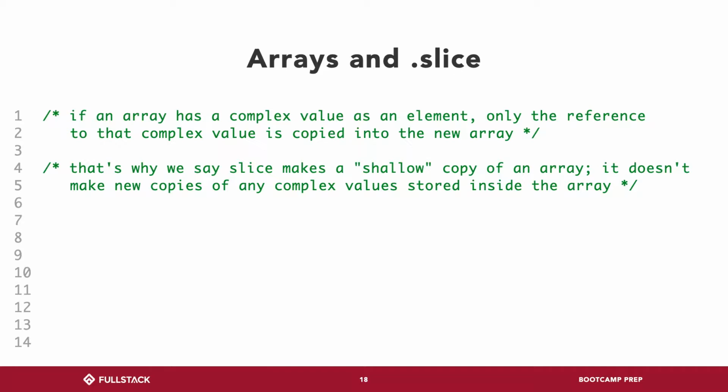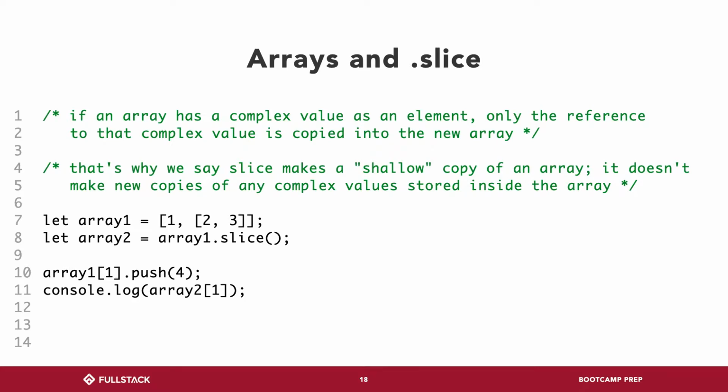But if an array has a complex value as an element, only the reference to that complex value is copied into the new array. That's why we say slice makes a shallow copy of an array. It doesn't make new copies of any complex value stored inside the array. So, like we did before, let's take a look and see what's going on here.